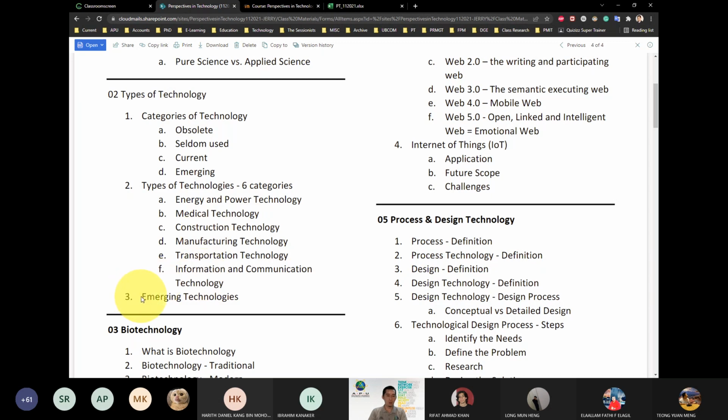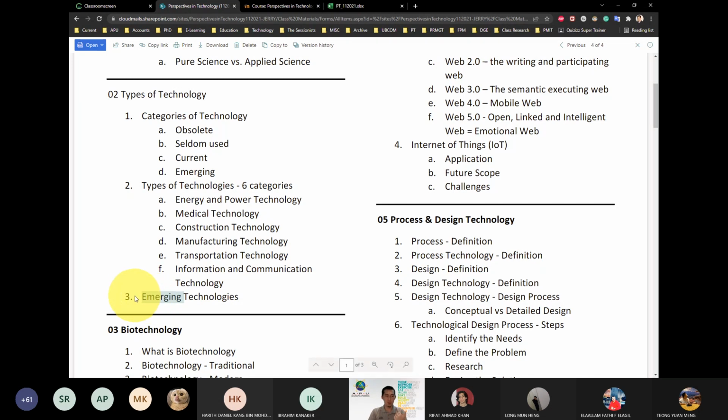When it goes into emerging technologies, it's just for you to identify some trends, which is something that you're already doing now, and when you look into your own future of technology, emerging technologies are meant to cover all that. If you do a search for this, you will always find that the list is quite similar.